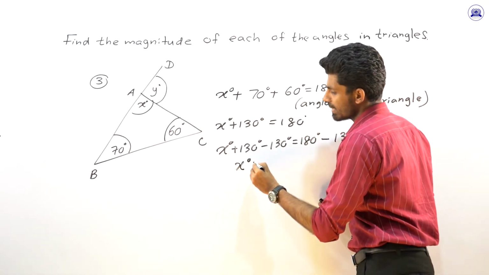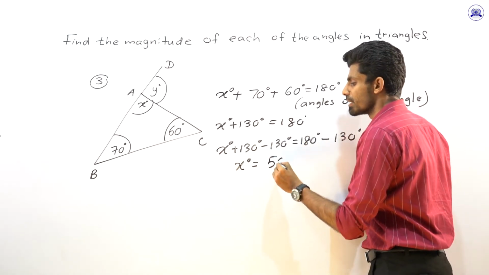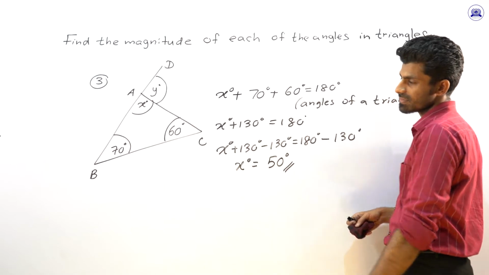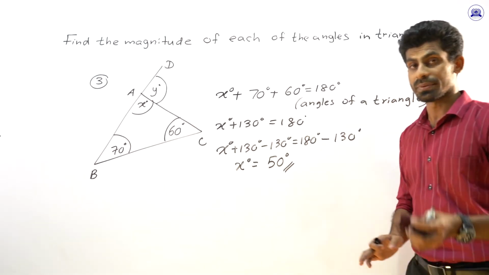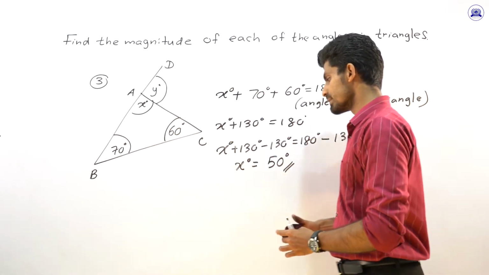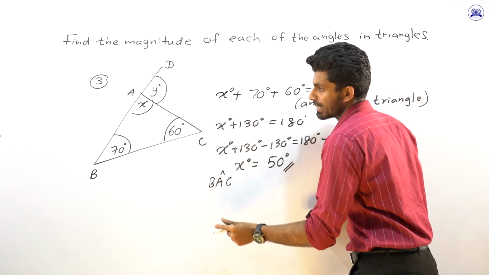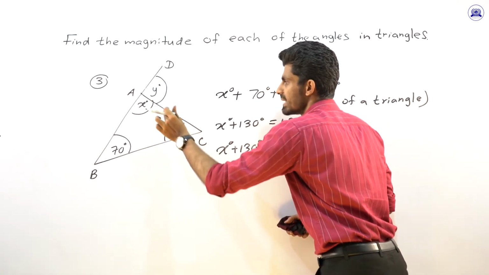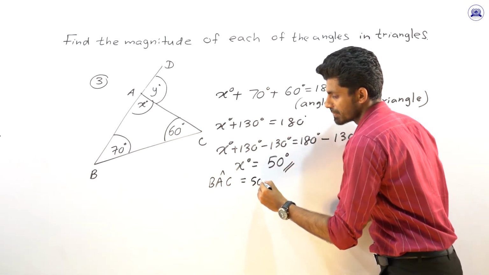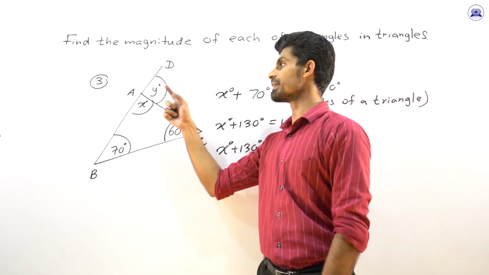So x equals 180 minus 130, which is 50. x equals 50. So we can write down angle BAC equals 50.